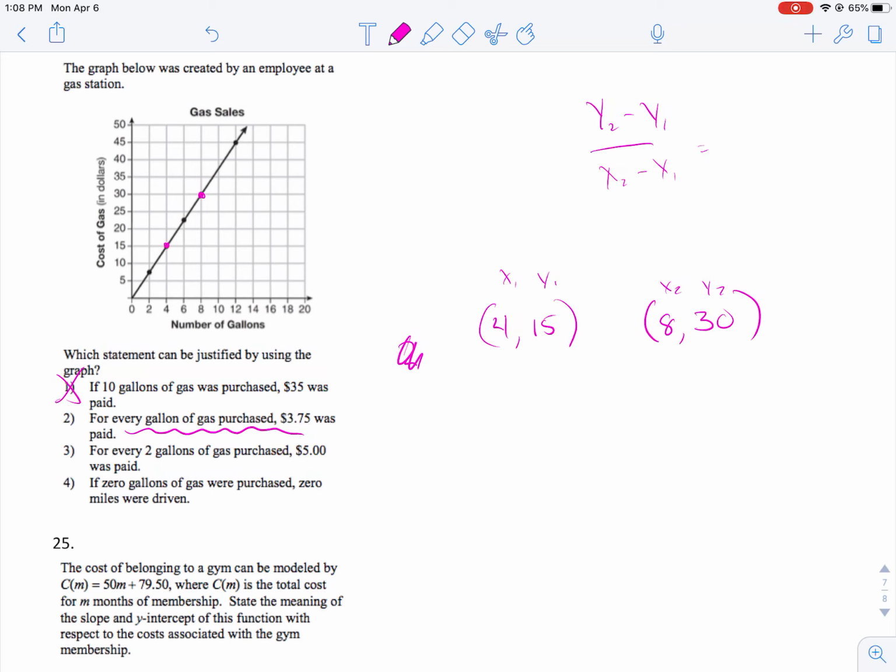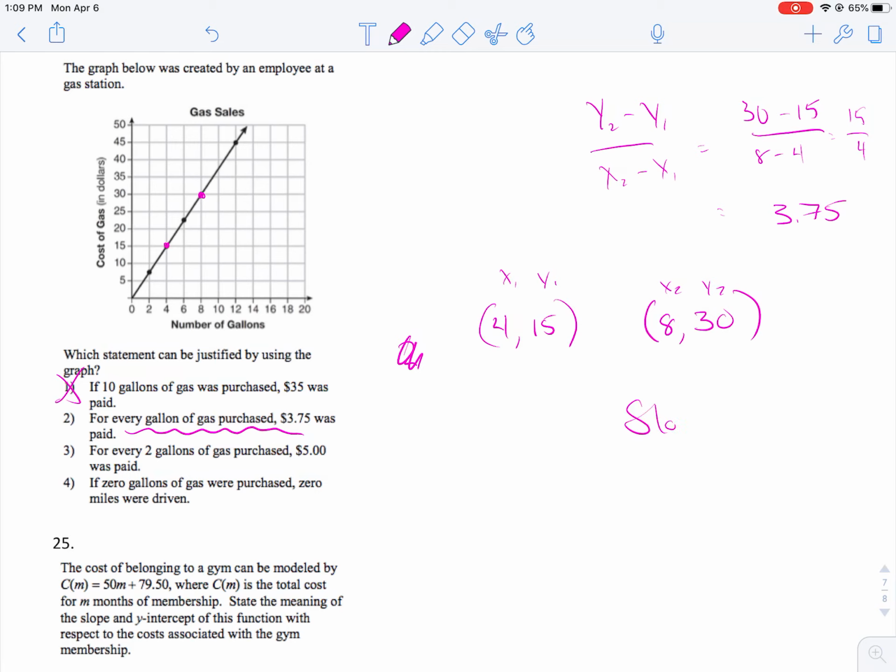In order to find what our slope is, because this could be the correct slope, we don't know, we're just going to plug it into this equation right here. So it's going to be 30 minus 15 over 8 minus 4.